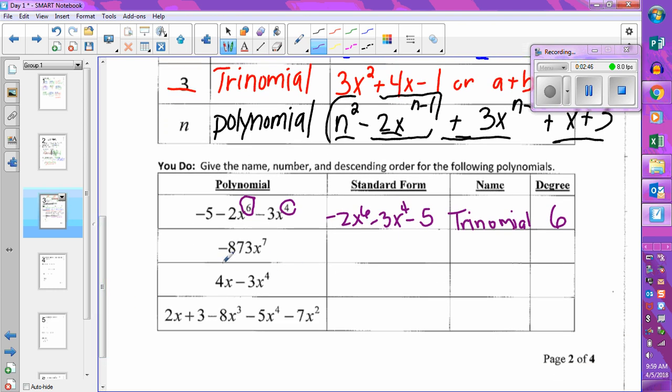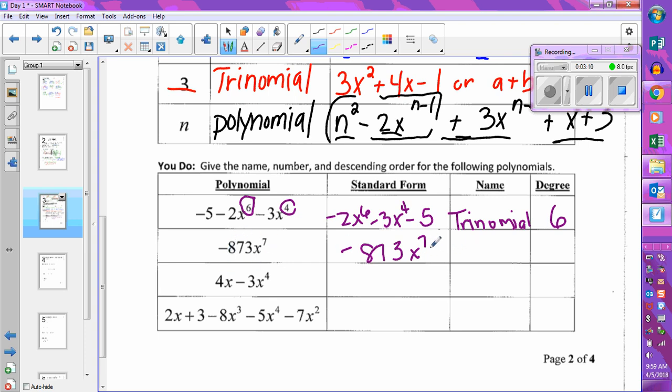The next one says negative 873x to the 7th degree. If we were to put it in standard form, we'd keep it right in the form that it is. So we're just going to write negative 873x to the 7th degree. So how many terms are here? We see that this right here is one term.